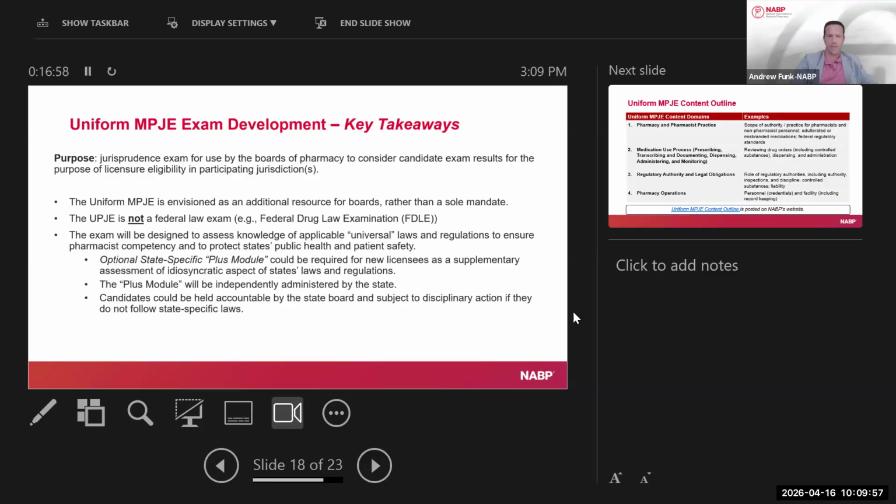There are many different ways that states that have adopted UMPJE can do this, but they also wanted to call attention to some of the most critical state-specific laws. That's where that plus module comes into play.